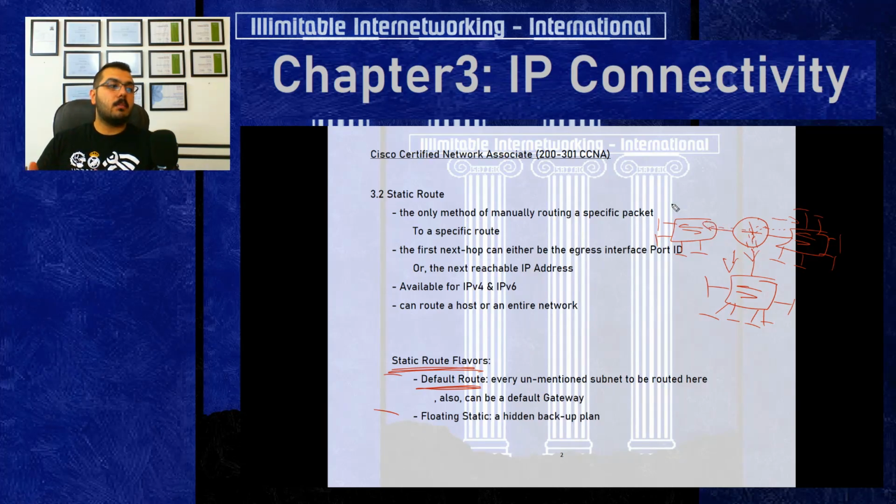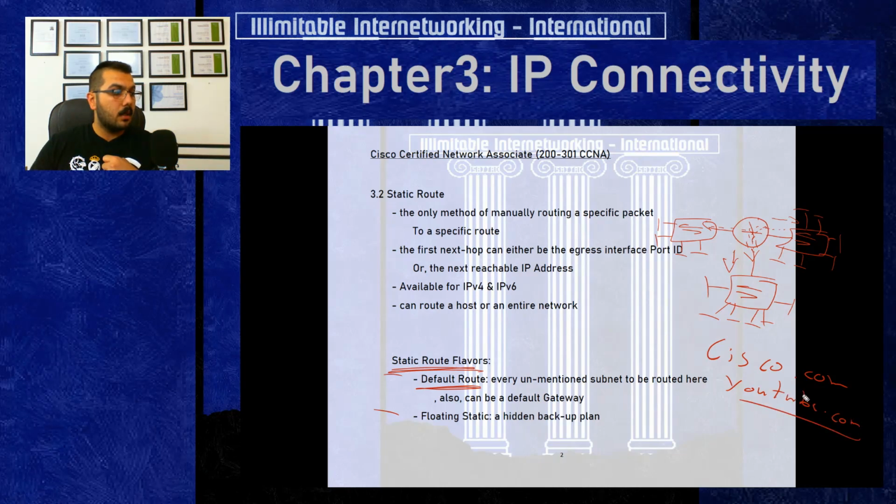So there will be a lot of mentioning: route some host for this specific path, route the network of the servers. A lot of things can be mentioned in the routing table, but I cannot mention the internet. Because if those employees are allowed to reach the internet, maybe they want to reach Cisco.com, or maybe they want to reach youtube.com to check our channel and study the CCNA course with us, then they will need the internet, and this is not something in my network, this is beyond my network.